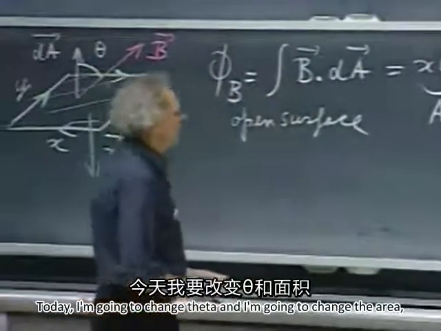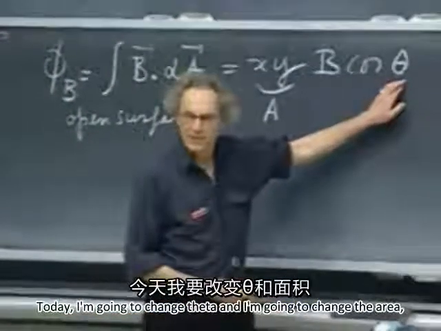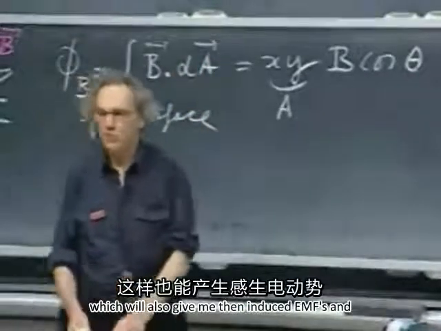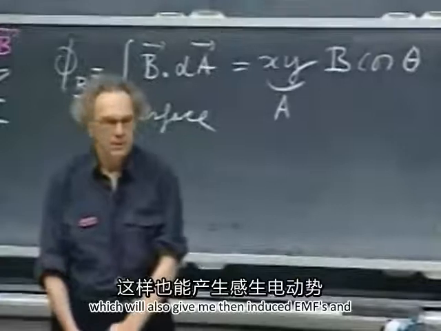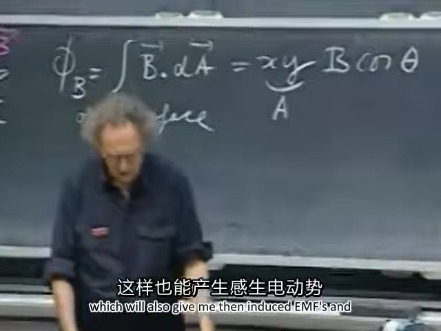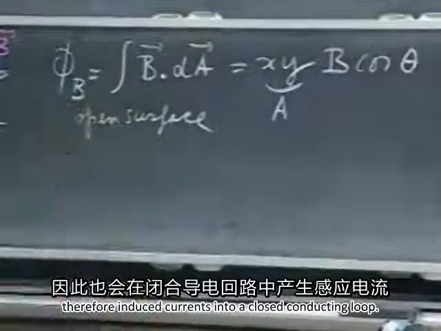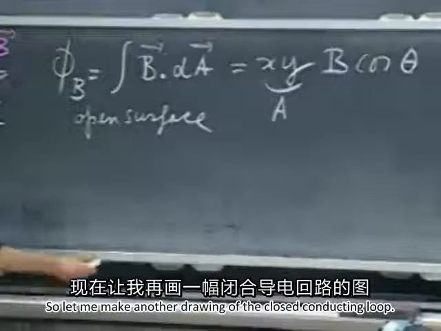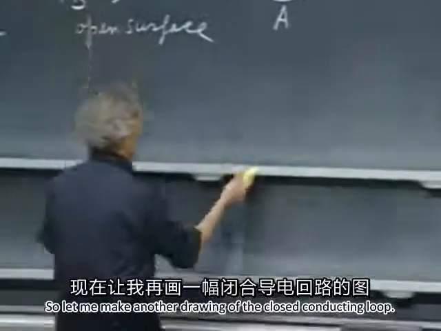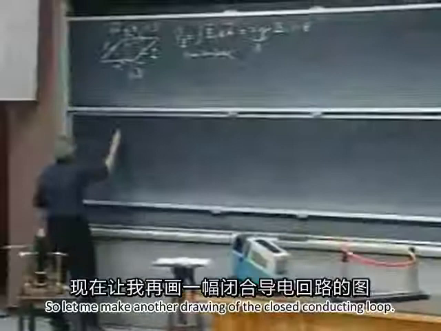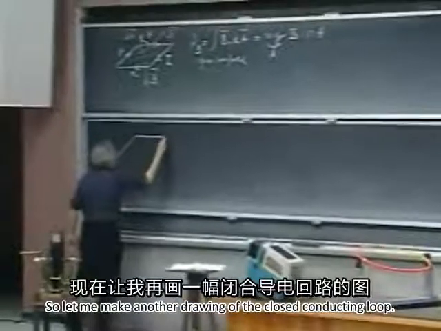Today, I'm going to change theta and I'm going to change the area, which will also give me induced EMFs and therefore induced currents in a closed conducting loop. So let me make another drawing of the closed conducting loop.